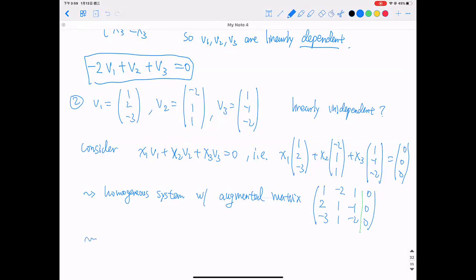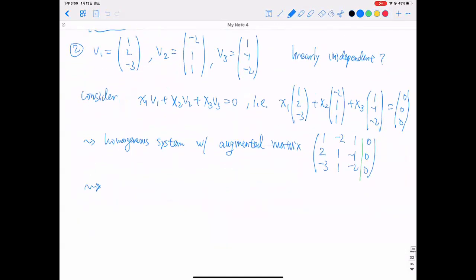Now, you can again solve the system by running row operations to turn the augmented matrix into reduced row echelon form.